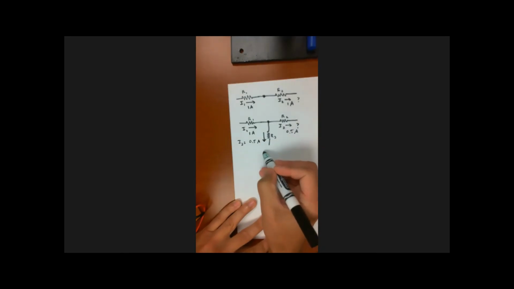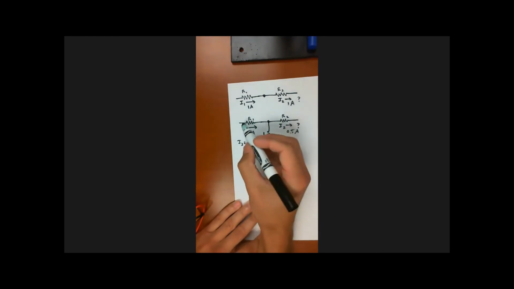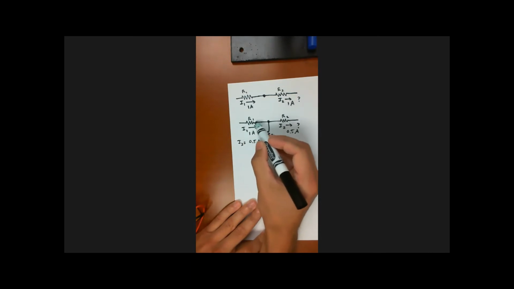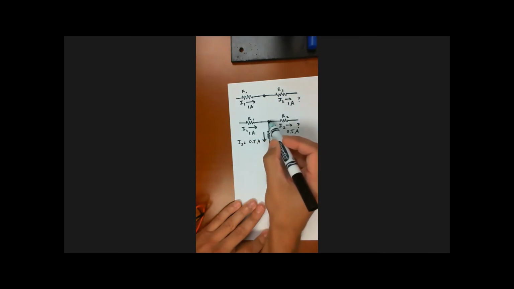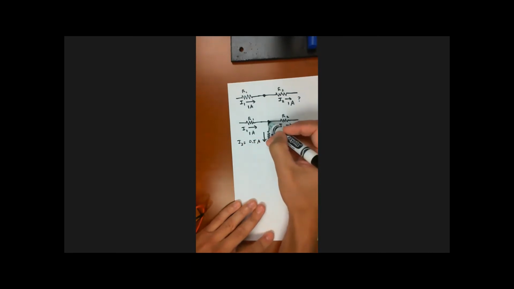Because I got half an amp here, and that sums up to 1 amp here. It's just like if I told you that these are pipes, and I've got 1 gallon per minute coming through here, and then it splits off into 2 branches, and I've got 1 pipe coming off here, 1 pipe coming off here.